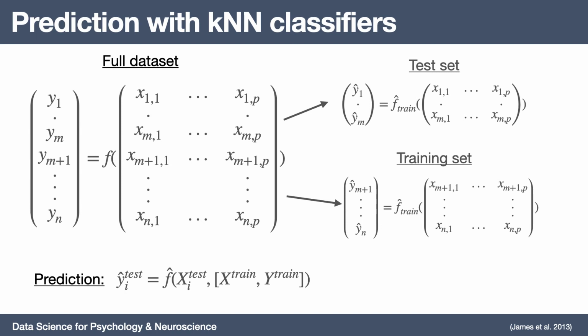So we'll take one row in the test set, calculate its distance from all the observations in the training set, and use kNN that way to make a prediction for that test observation. And then you do it again for all observations in your test set.